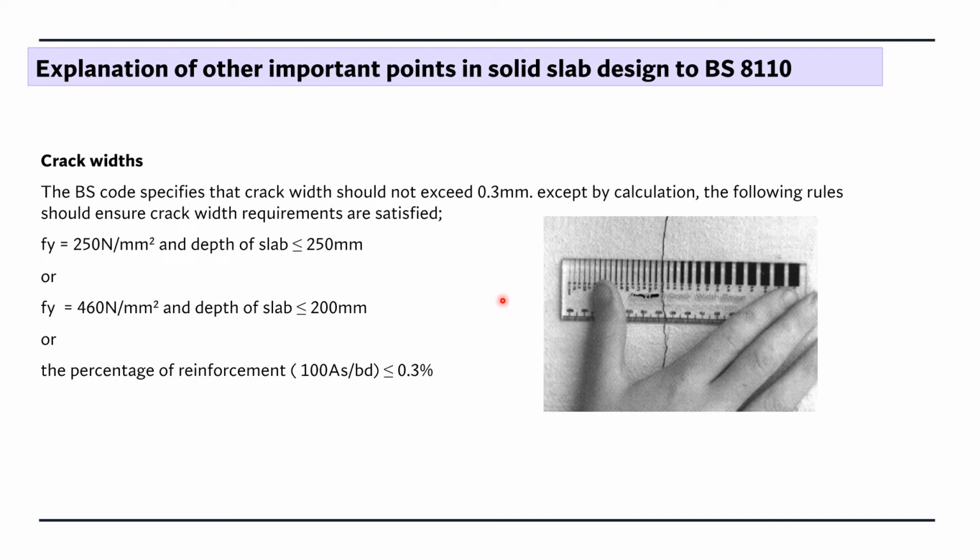So, when Fy is mild steel, which is equal to a strength of 250 Newton per millimeter squared, and depth of slab is less than or equal to 250 mm, or Fy is equal to 460 Newton per millimeter squared, and depth of slab is less than or equal to 200 mm. So if you are using high-yield steel and your depth of slab is less than or equal to 200 mm, then you don't need to worry about crack width, it's already satisfied.